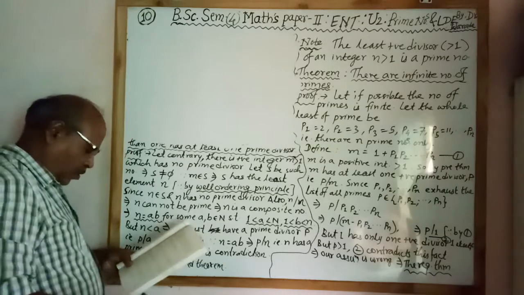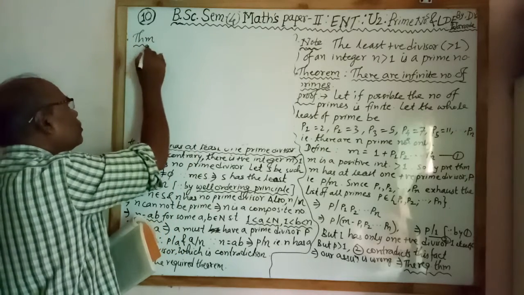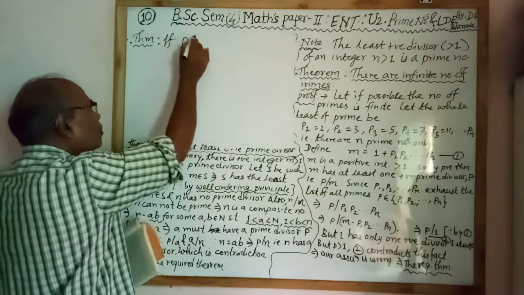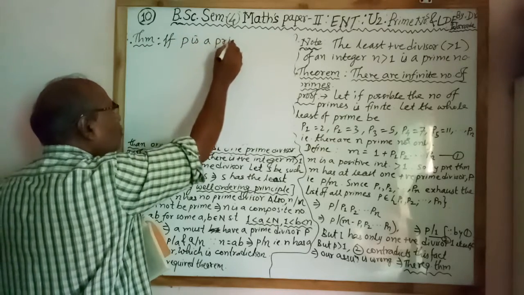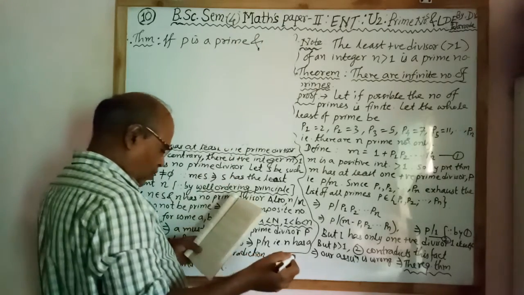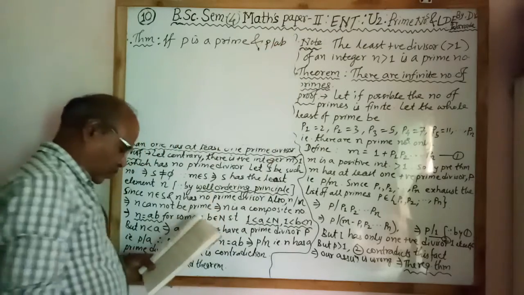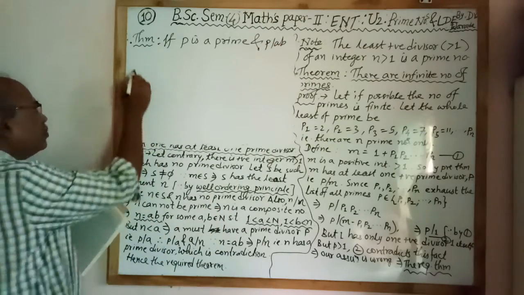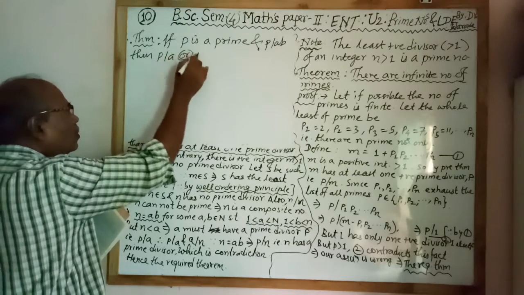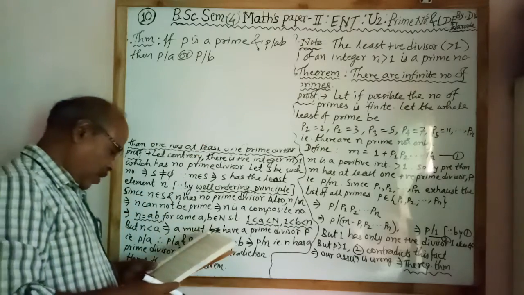Then we state the theorem: if p is a prime and p divides ab, then p divides a or p divides b, where a and b are integers.